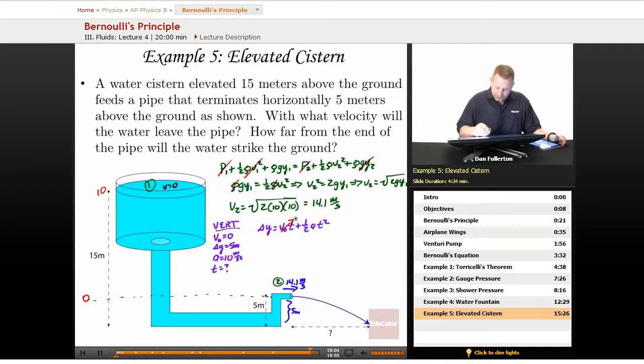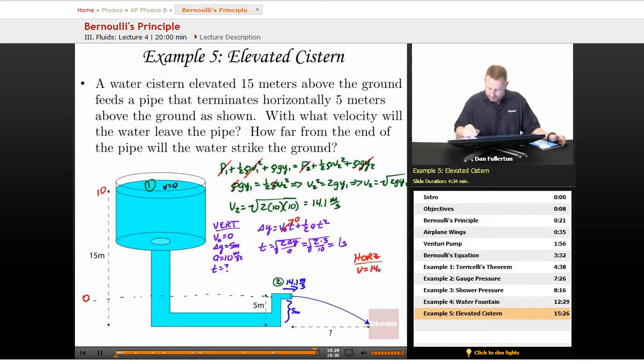But again, V initial is 0, so that term goes away. t then becomes the square root of 2 delta y over a, or the square root of 2 times 5 over 10, or 1 second.